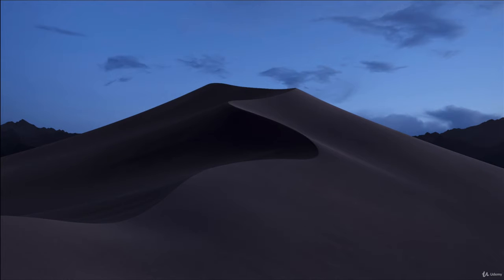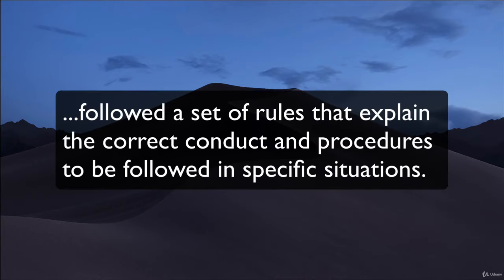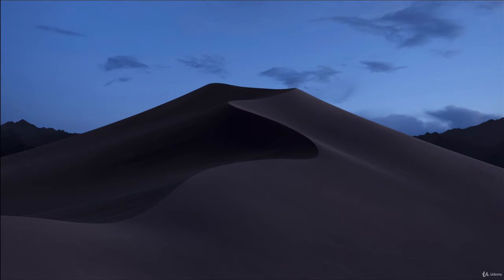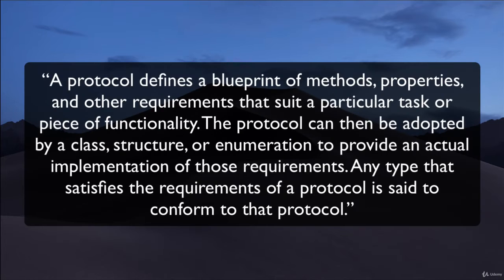All right, so now let's talk about what a protocol is. This is also a word you have probably heard used in real life. When someone says they followed protocol, they are saying that they followed a set of rules that explain the correct conduct and procedures to be followed in specific situations. Now let's look at the Apple definition. A protocol defines a blueprint of methods, properties, and other requirements that suit a particular task or piece of functionality.